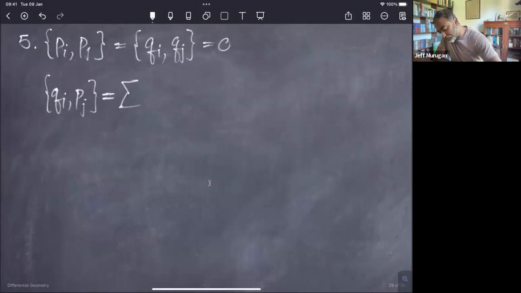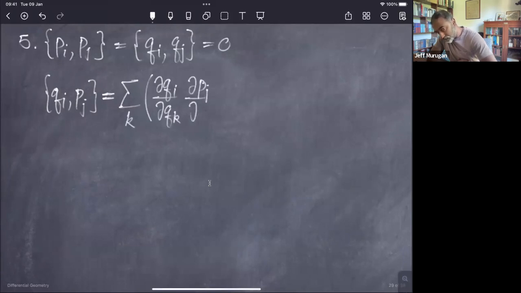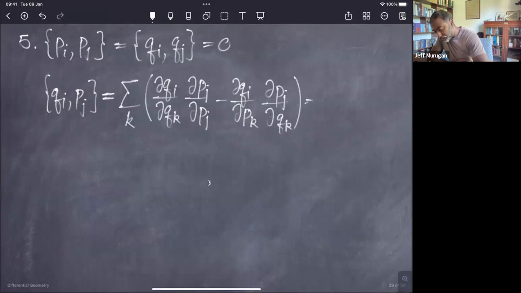is, by its definition, sum over k, say, dqi by dqk, dpj by dpk, minus dqi by dpk, dpj by dqk, which is sum over k of delta ik delta jk, which is delta ij.